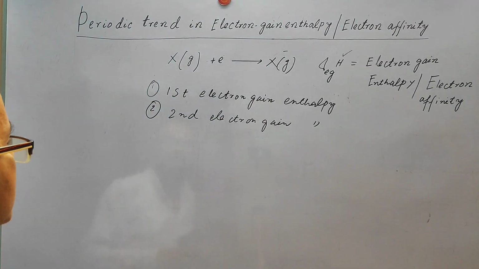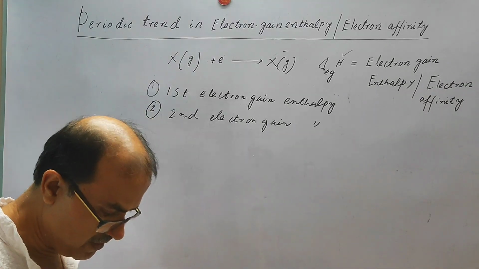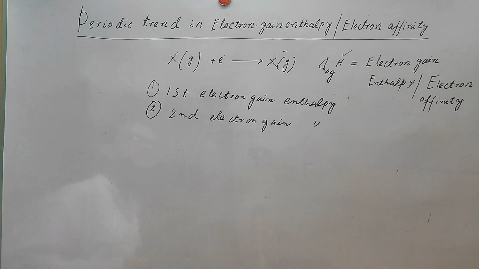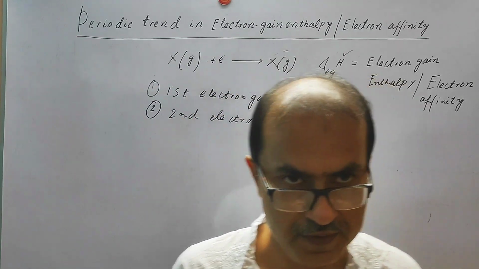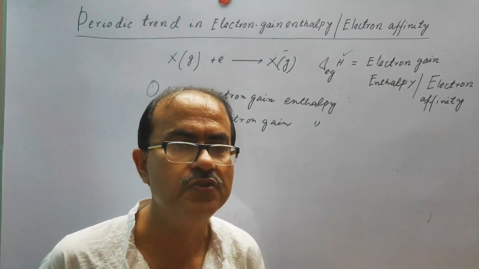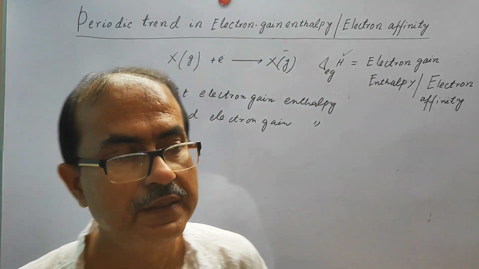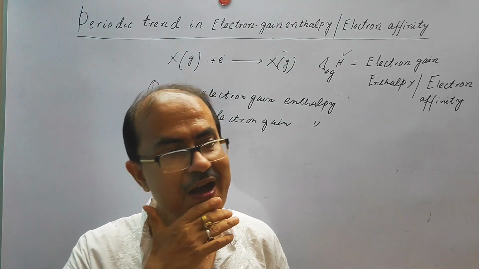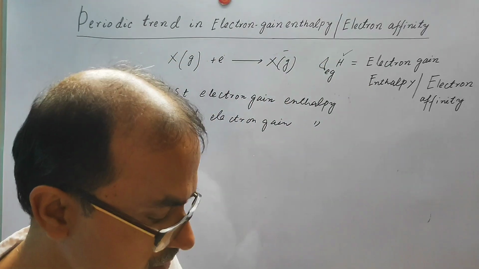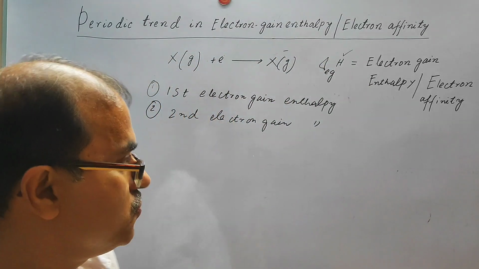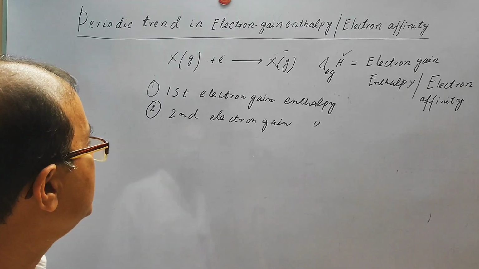So now we have discussed the first electron gain enthalpy, then the second electron gain enthalpy, and in this way you can see there are different types of enthalpy that you observe. Now what are the units of enthalpy?